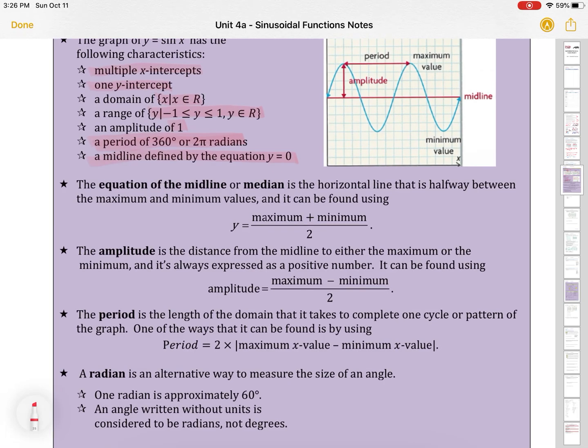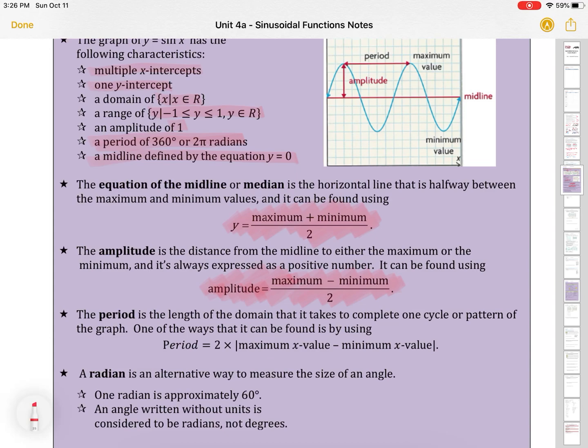Now we also looked at a number of different sinusoidal functions, and we looked at finding their midlines. We used this formula here, and it's the median between the maximum and the minimum. We also looked at the amplitude, and the amplitude is the distance from the midline to a crest. And this is one formula we can use for it.